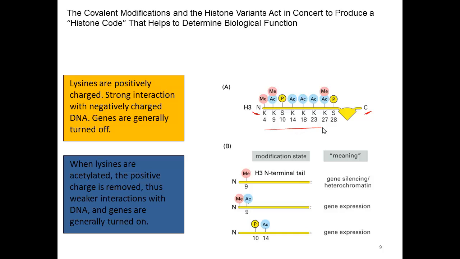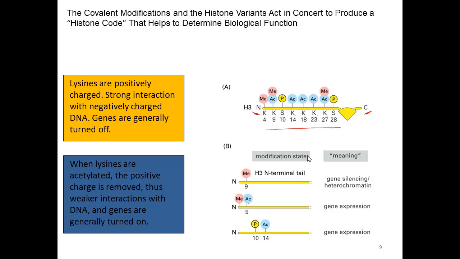This is a blow-up of the histone tail region. As you can see, there are many lysine residues, six lysine residues, indicated by the letter K, which is the one-letter code for the amino acid. Now, lysines are positively charged, normally.